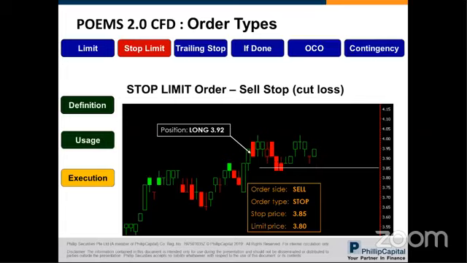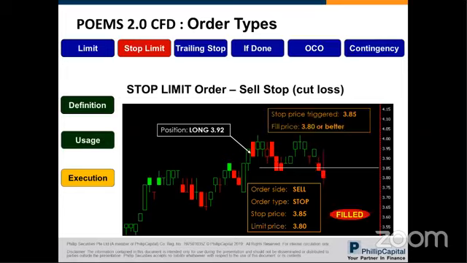That means any price in the market that is 380 or better, you will accept, and the order fills. So if the share price did hit below 380, it will trigger this order and you fill the order that you wanted to place.